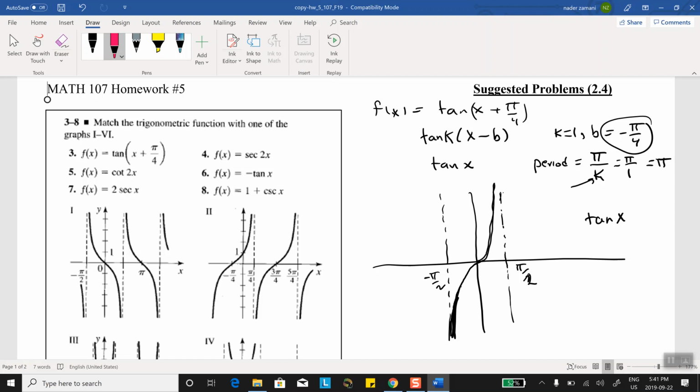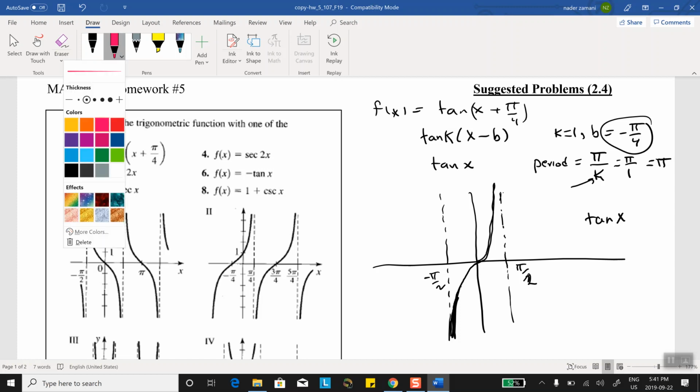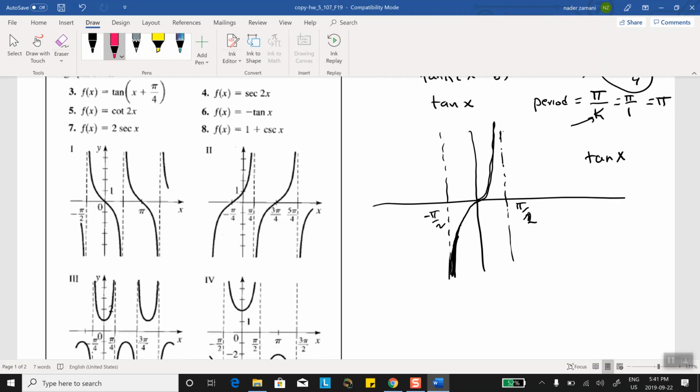Now the red one is going to be exactly the same thing, except that it's shifted to the left by an amount pi over 4. So if I go halfway between these two, it's pi over 4. So the vertical black asymptote is going to get shifted to this one, and this vertical black asymptote here is going to get shifted to minus 3 pi over 4.